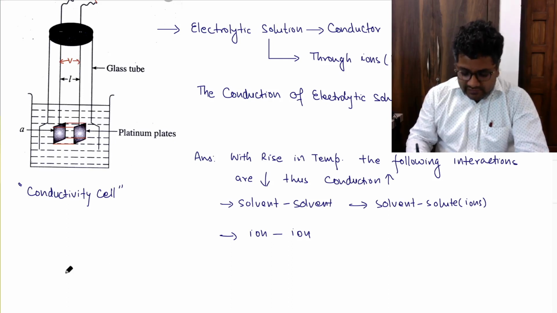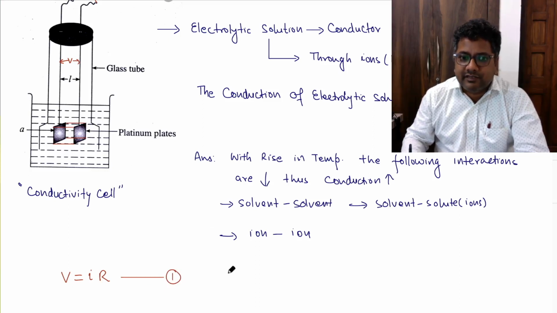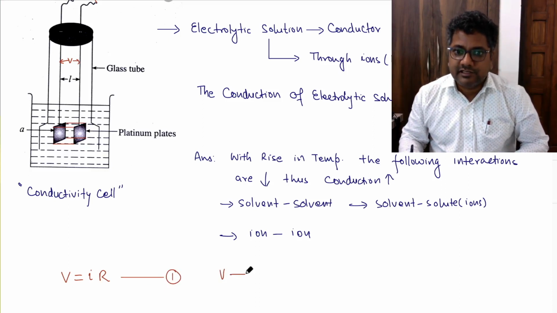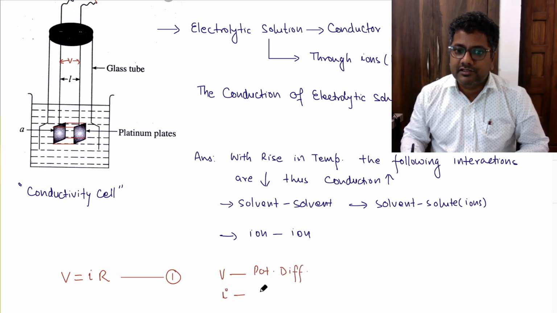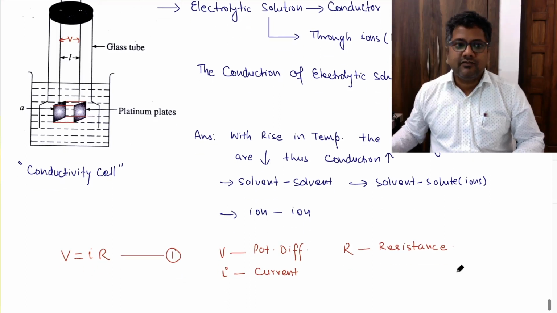You can write V = I R. First equation, all of you know this equation. V is the potential difference between the electrodes, I is the current, and R is the resistance. Resistance of what?